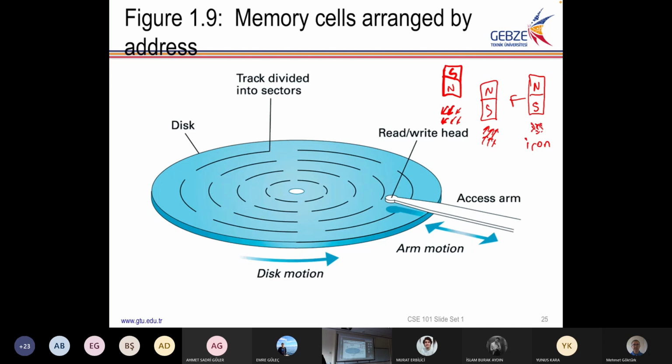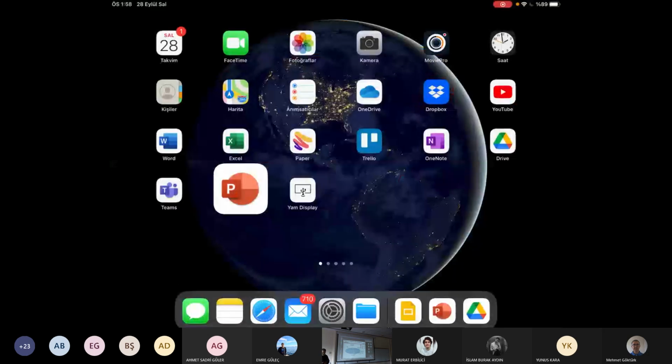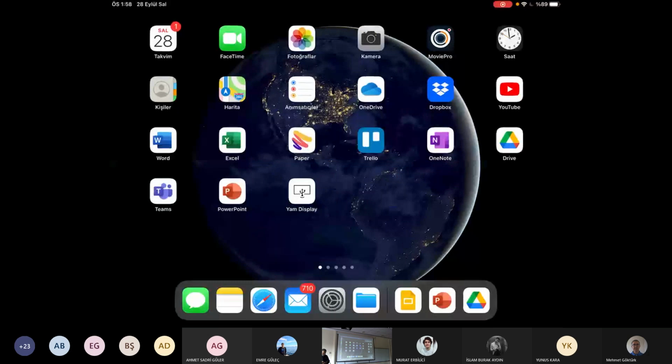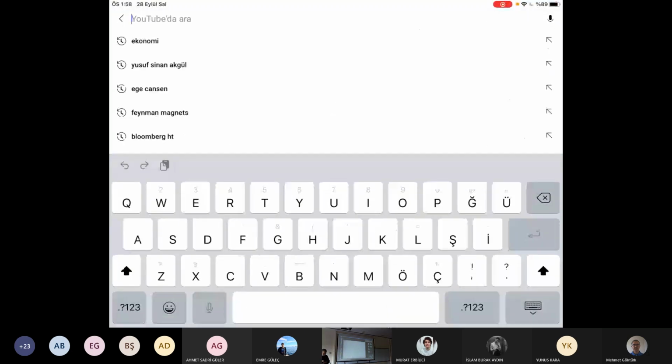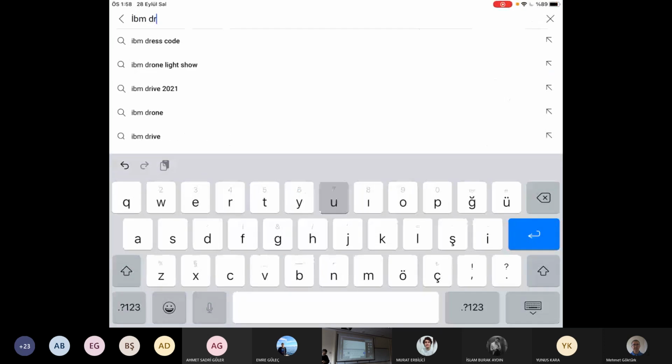So by having a disk rotating, actually in the old days, IBM Tron.